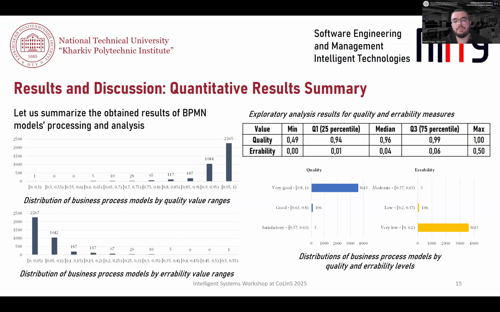And only 3 BPMN models are estimated as satisfactory quality, lying in the range between 0.37 and 0.63. However, the errorability levels demonstrate the opposite results. We have 3 models of moderate errorability, 106 models of low errorability, and 3,613 models of very low errorability.